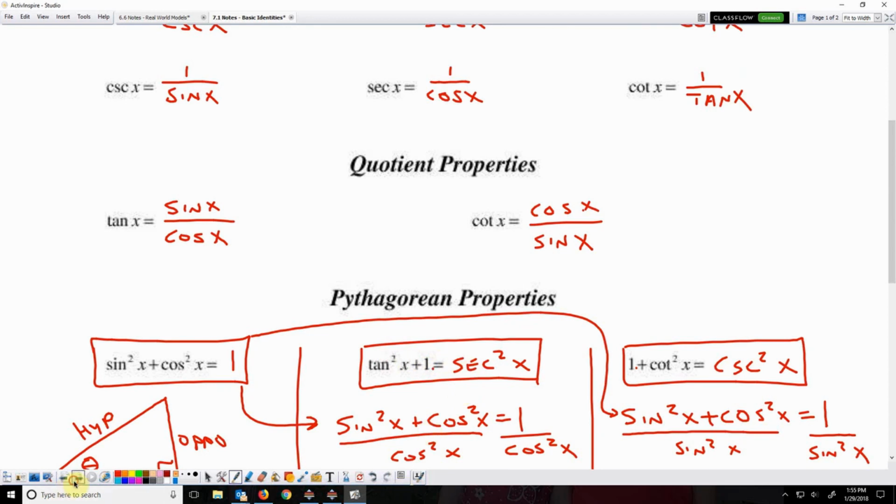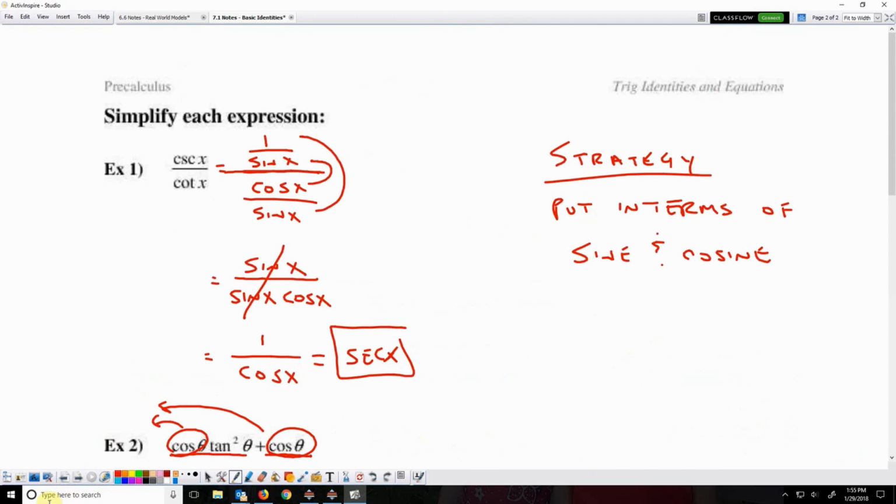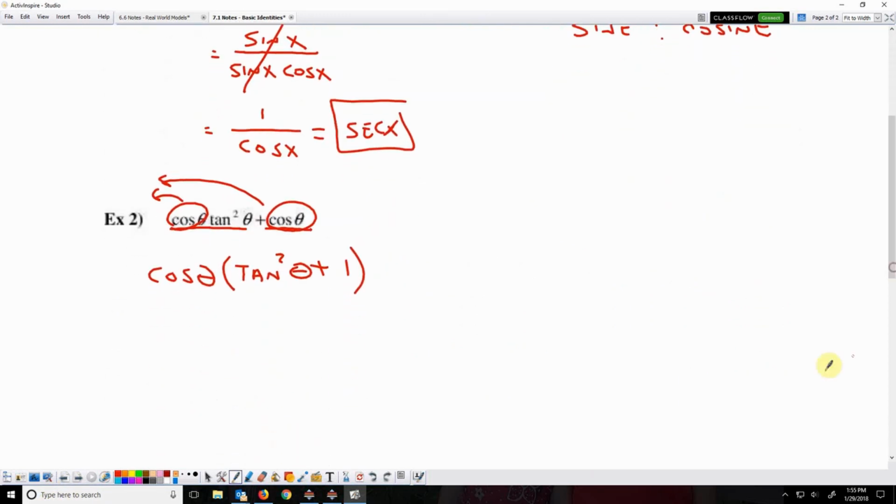So what I've got here is tan squared theta plus 1. And according to the Pythagorean property, that is equal to secant squared theta. So cosine theta times secant squared theta. So I use the Pythagorean property to replace this with secant squared theta.